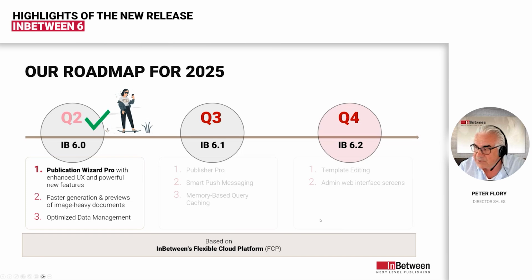And at the bottom of the screen, you will find a new label, the InBetween Flexible Cloud Platform. This is part of InBetween 6. Here, the idea really is to provide customers with flexible cloud options, cloud instances that really fit their requirements.